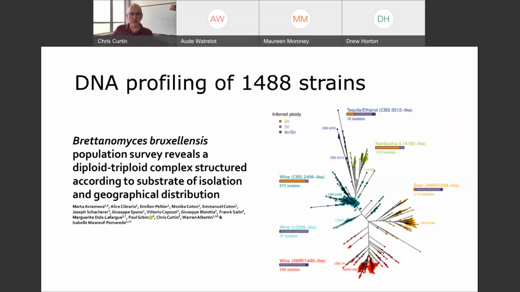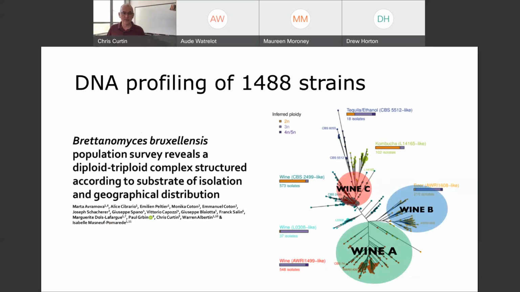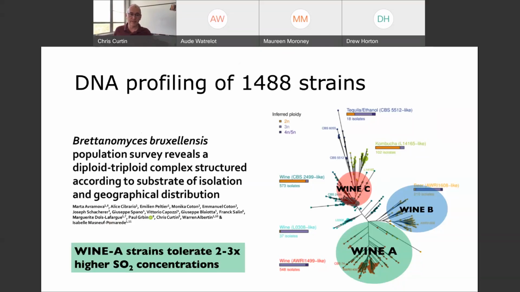And the main takeaway here is that there are 3 major genetic groups of Brettanomyces bruxellensis that we find in wine. And we'll just call them simplistically wine A, B, and C. And the other take-home message that has turned out to be relevant to how often we find different strains is that the wine A strains are able to tolerate 2 to 3 times more sulfur dioxide than the other strains.